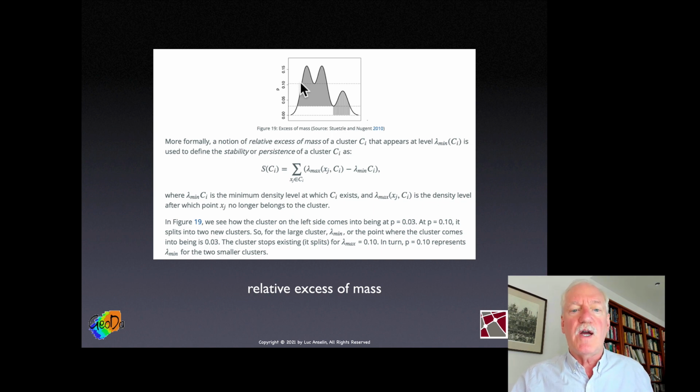So using that criterion, we would not go to 3 clusters, but we would stay at 2, which is very different from what we would do with a uniform density cutoff. So that this notion of persistence and relative excessive mass is really what makes HDBSCAN different from DBSCAN and DBSCAN star.